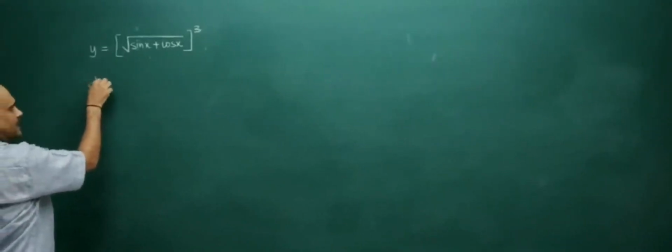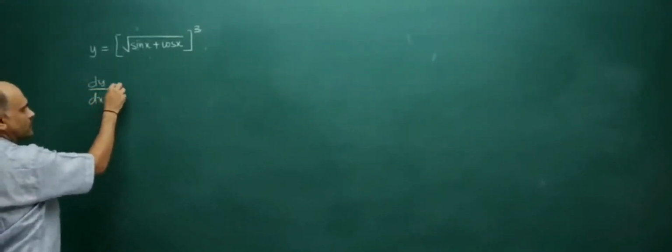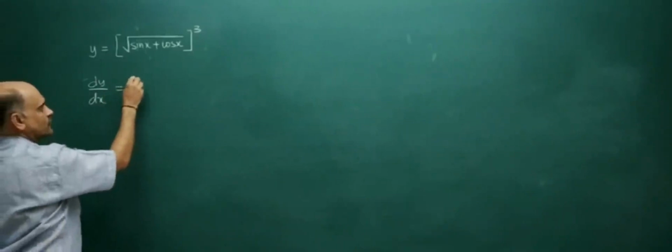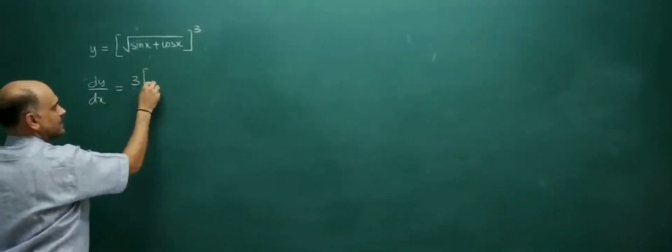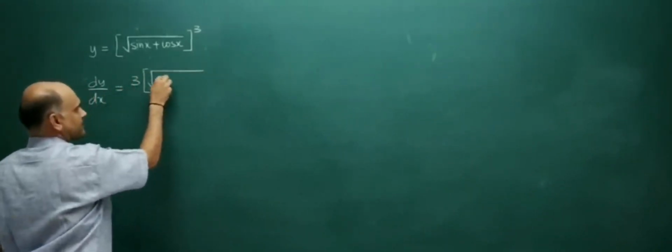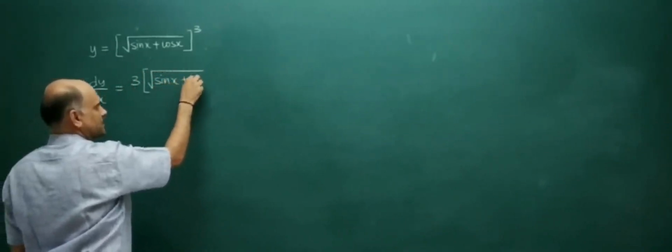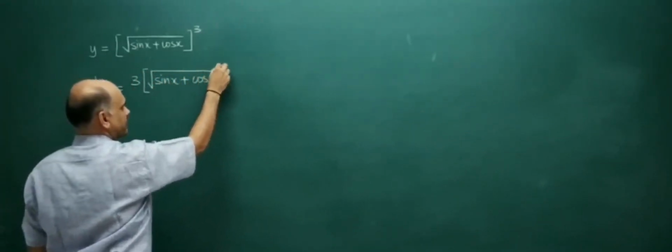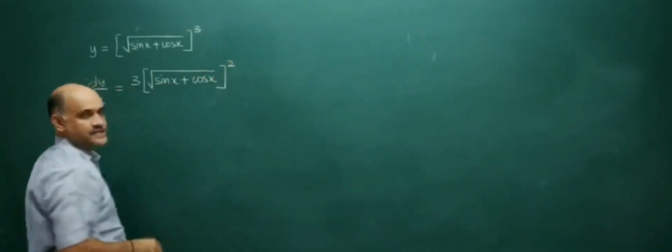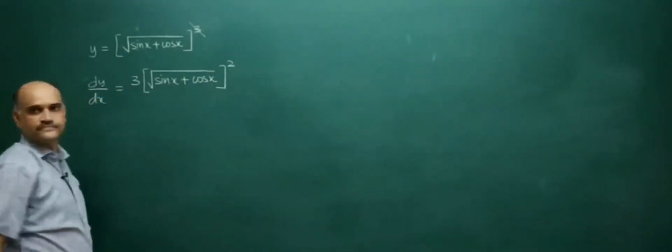So dy by dx is equal to first that of 3. 3 bracket square. So differentiation of 3 is over.